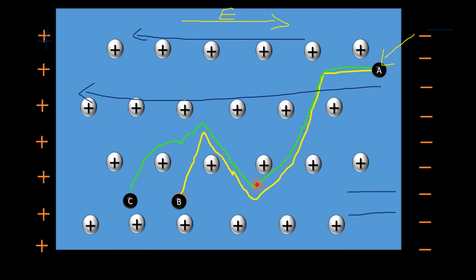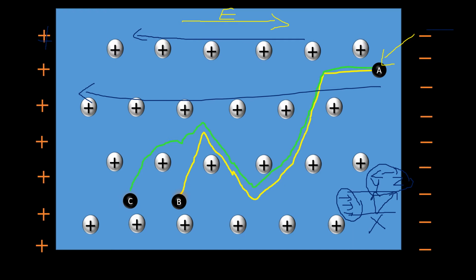Suppose there is a river flowing, and someone is trying to go from, say, point X to point Y. You start from point X and head towards point Y, but because of the flow, you will not be able to reach point Y. Instead, you might reach somewhere here, say point Z. Who determines the distance between Y and Z? It is purely determined by how much the flow is, and this YZ is called drift. More the flow, more the drift.